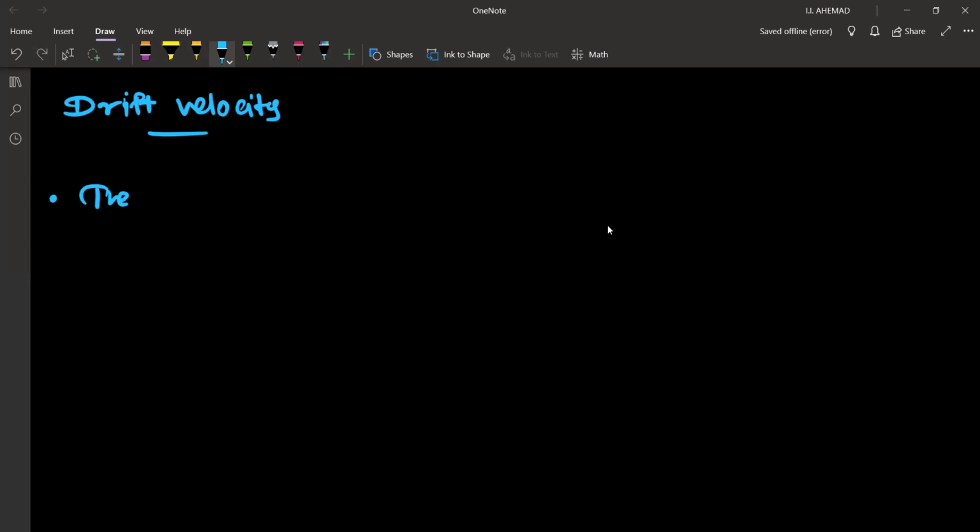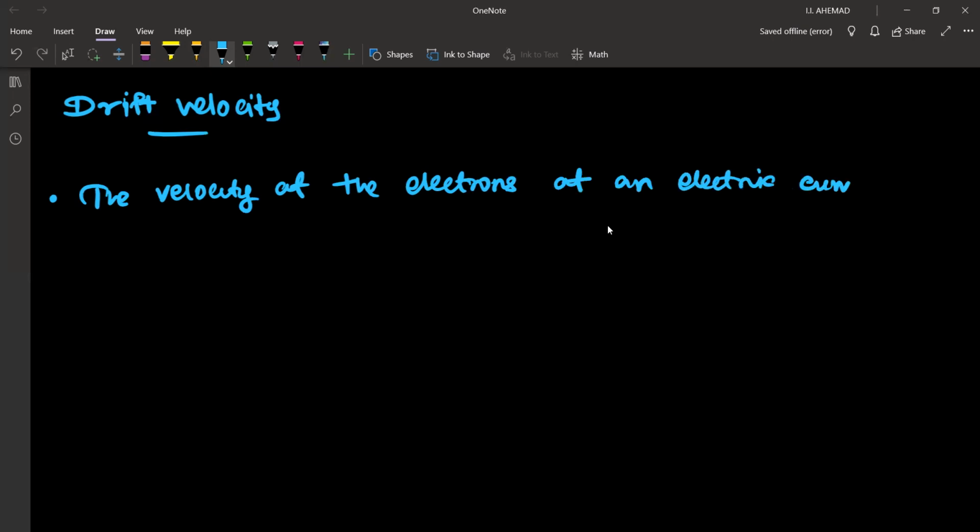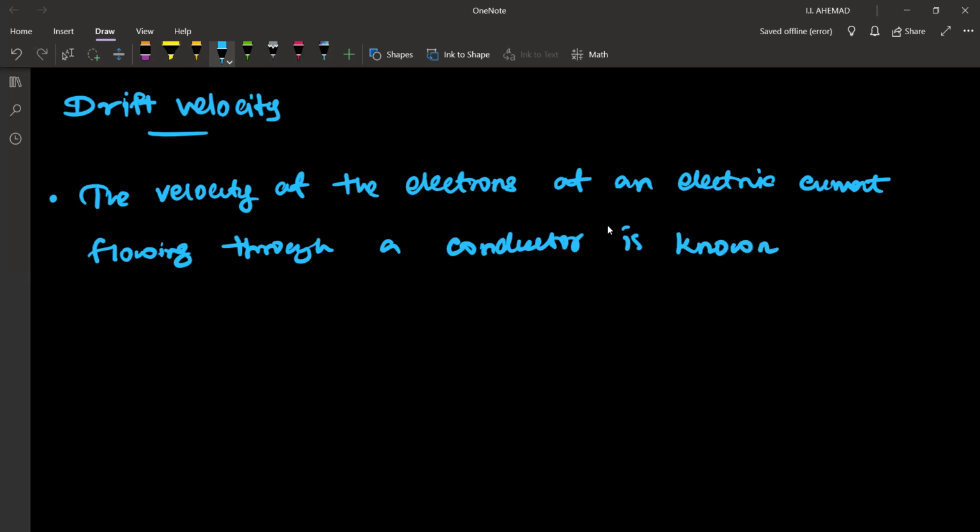The velocity of electrons of an electric current flowing through a conductor is known as the drift velocity.